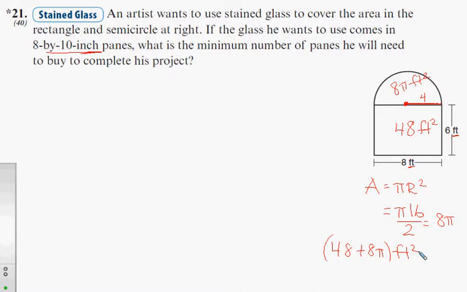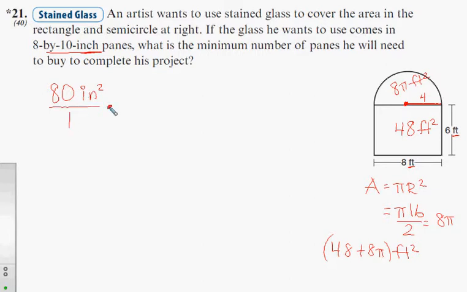with window panes, okay? The glass, though, comes in an 8 by 10 inch pane. So, first of all, what I want you to see is that this is 80 square inches. There's 80 square inches in one pane. Do you see that? All right. So what I'm going to recommend is that we change 80 square inches into square feet.